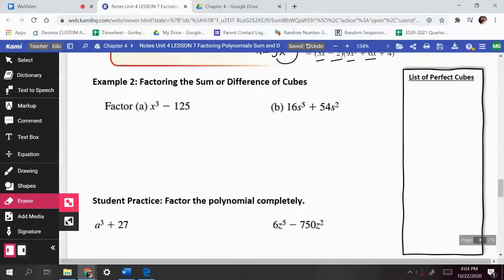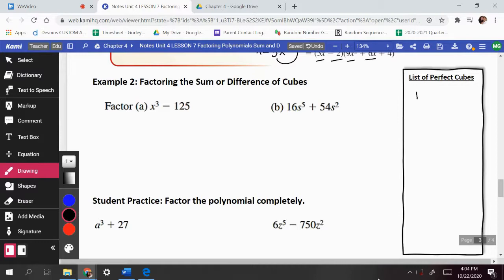Okay. In order to help us, let's list our perfect cubes first. So I'm just going to think to myself, like, what's 1 cubed? What's 2 cubed? Let's go all the way through 10.